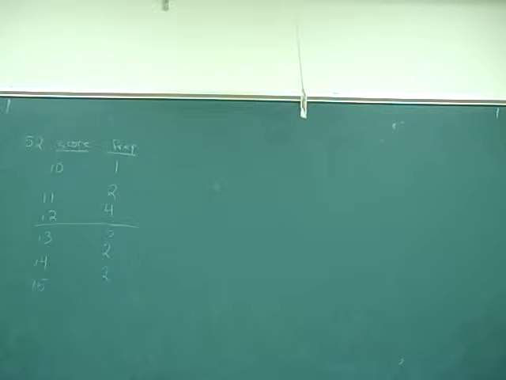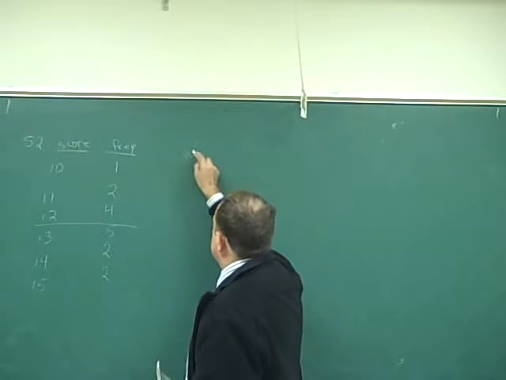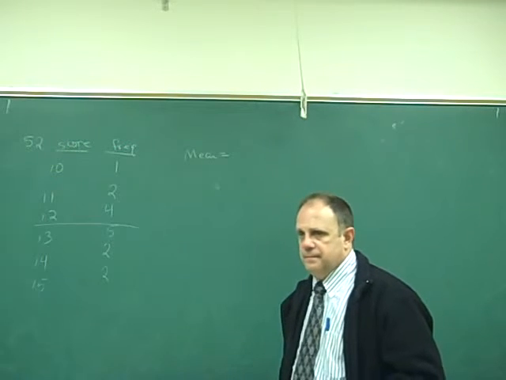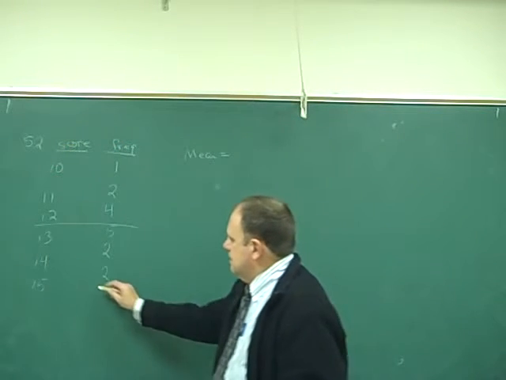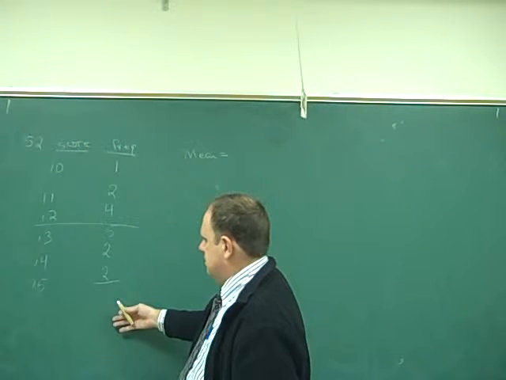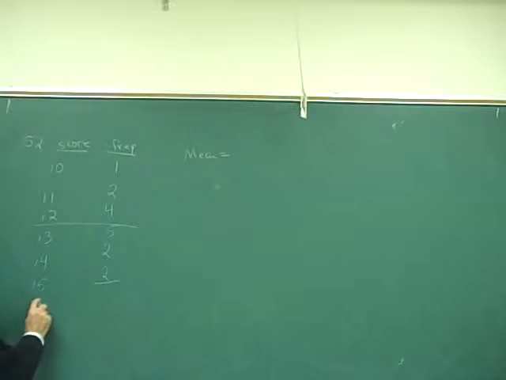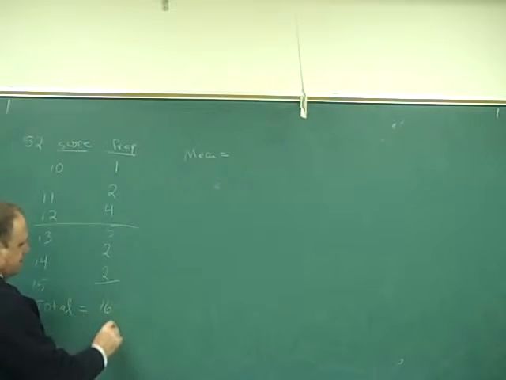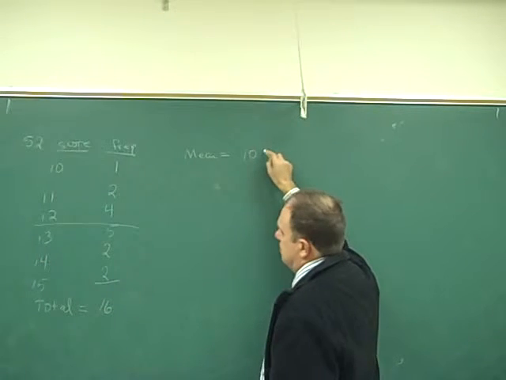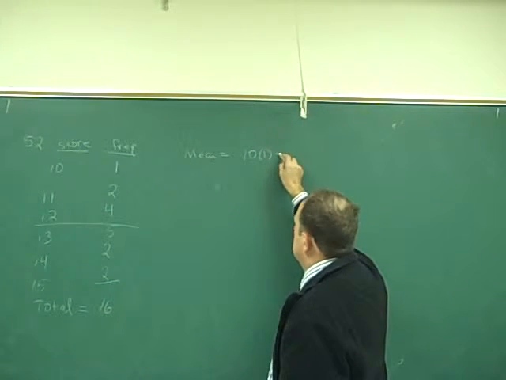All right. And so we want a mean, right? Okay, how do we come up with our mean? First of all, it helps to get a total. Okay? So our total frequency is going to be 16. That's right. Alright, so we've got 10, right? We've only got one of those, right?